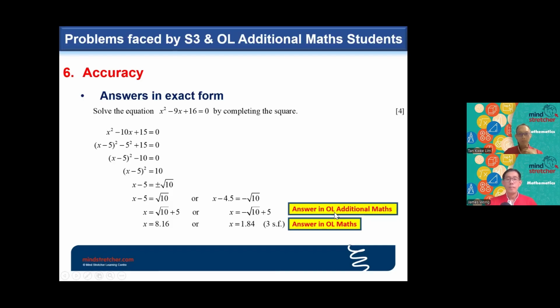But for additional mathematics, usually we can just end off at this point, where x equals square root 10 plus 5, or x equals negative square root 10 plus 5. So this is what we mean by exact form.